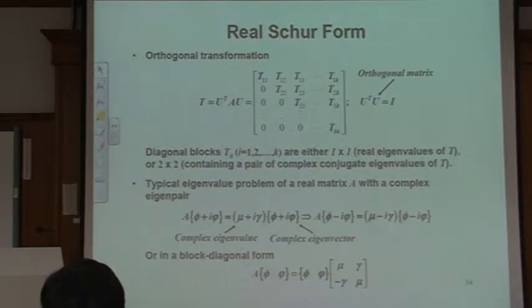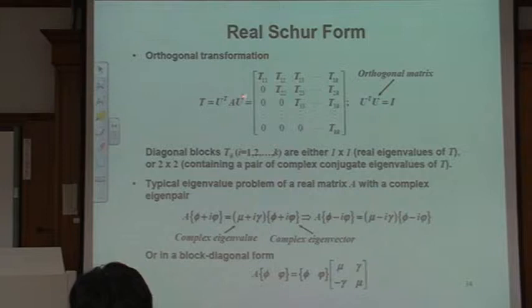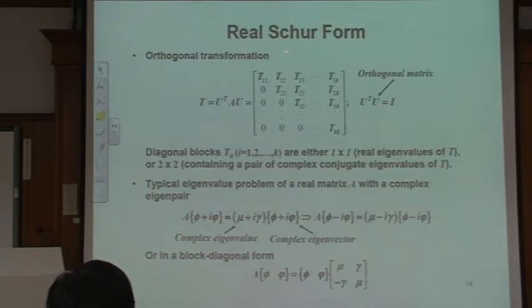If we can find one U matrix, and we use U transpose times A times U, the final result we can get is upper triangular form. And this form we call the real Schur form. That means we can use one matrix to find the upper triangular form corresponding to the original matrix A.